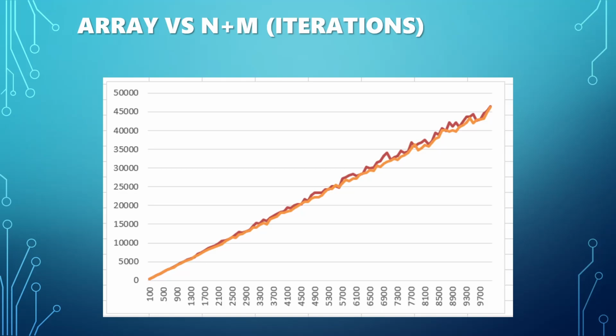I mean asymptotically. Asymptotically they are the same. They're growing in the same way. And what does it mean in terms of iterations and in terms of time complexity? It means that the array implementation has really good time complexity, O of n plus m, which is equal to my previous calculations, which I have shown you a few minutes before.